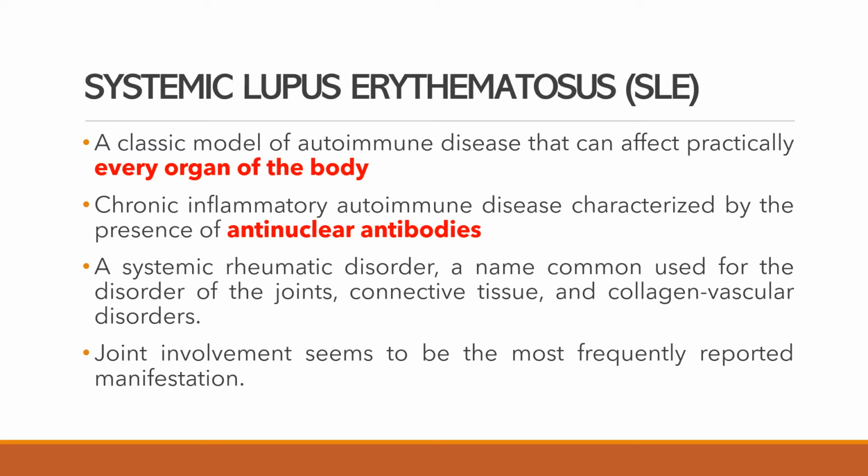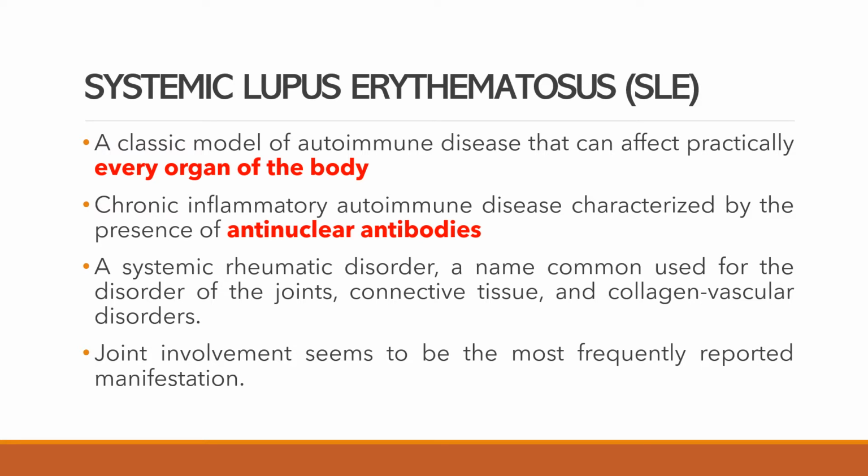So SLE or systemic lupus erythematosus is a classic model of autoimmune disease that can affect practically every organ of the body. And this autoimmune disease is characterized by the presence of anti-nuclear antibodies.